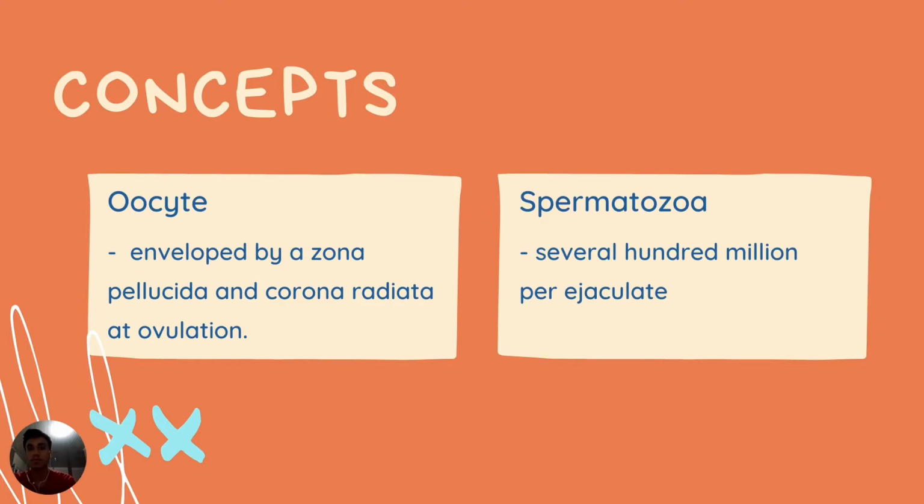The key concepts for this topic are the oocyte and the spermatozoa. The oocyte is enveloped by a zona pellucida and corona radiata at ovulation, and the spermatozoa is the male sex cells.